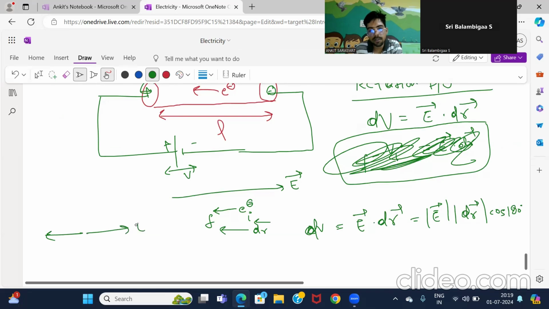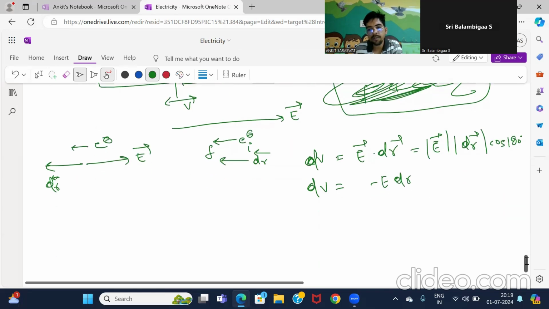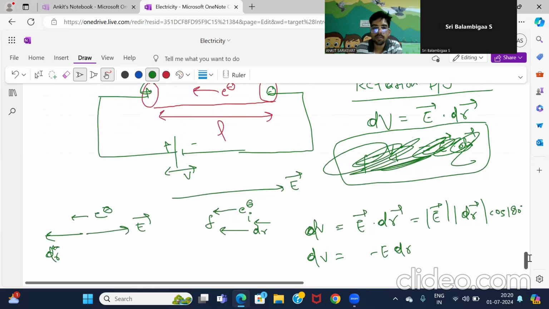The electric field is this. The electron is going like this now, in this manner. Then dV will be what? Minus E dr. This is the small voltage drop dV.